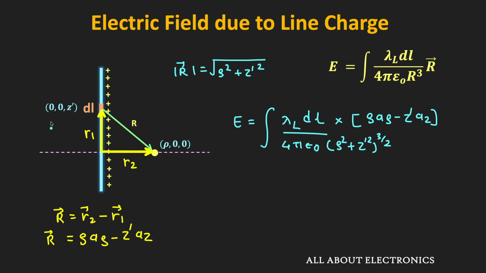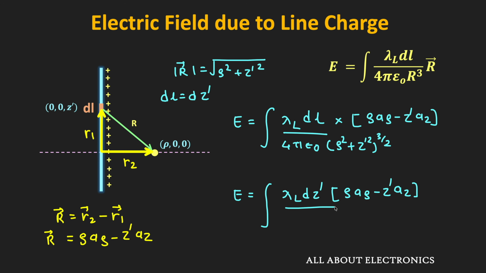The variable we have taken for dl is z dash, because as we move along the line charge, the value of z dash will change. That means dl is equal to dz dash. So the expression of the electric field intensity can be further written as the line integral of lambda L times dz dash times rho times a rho minus z dash times az, divided by 4 pi times epsilon naught times rho square plus z dash square raised to 3 by 2.